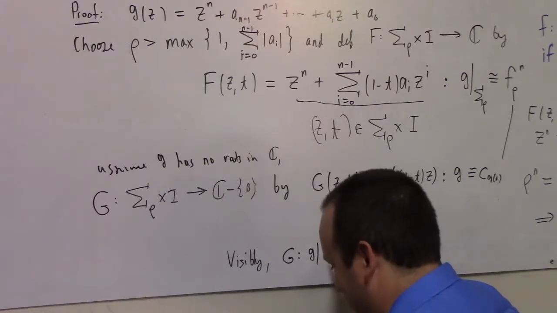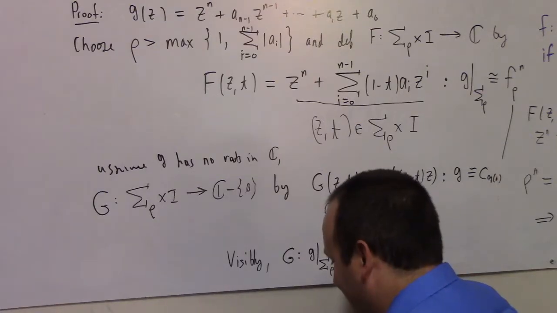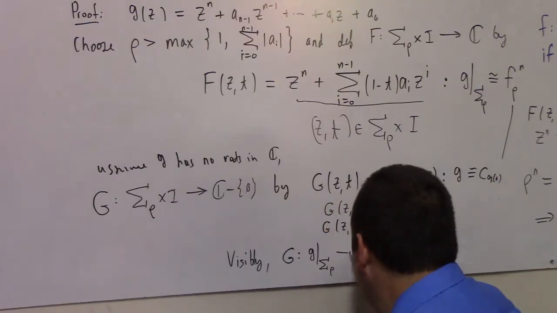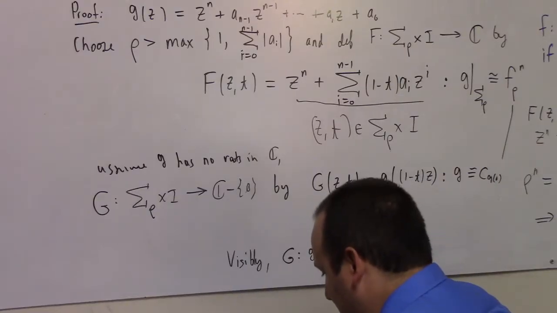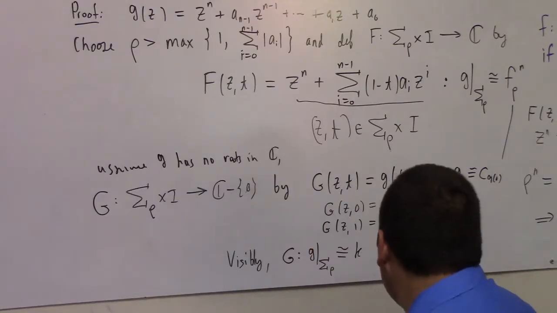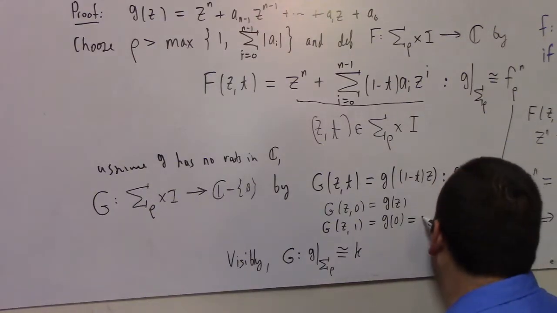Yes. G restricted to the circle of radius rho, it's hilarious, is homotopic to K, where K is what? Constant function at A naught. Oh, G of 0 of course is A naught, right? Yeah, okay.